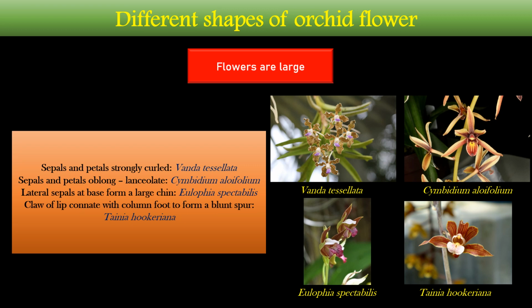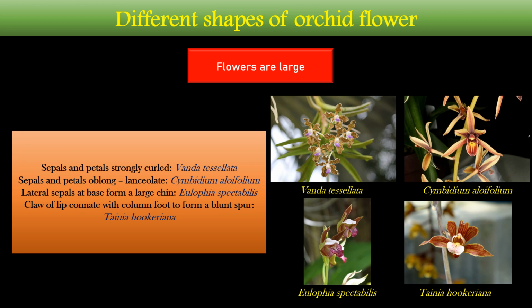If you have seen it in the forest, you can see that the leaf part is the most prominent because it has a strong color difference, and the lip portion is also strongly curled. So for that you can identify it.